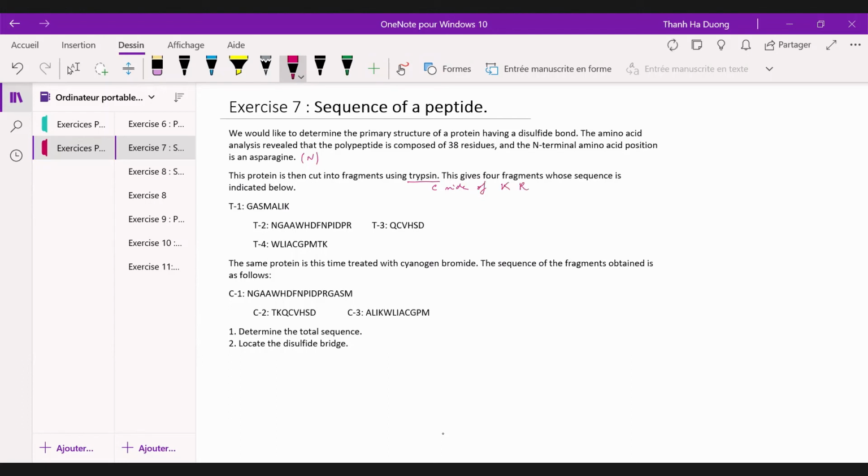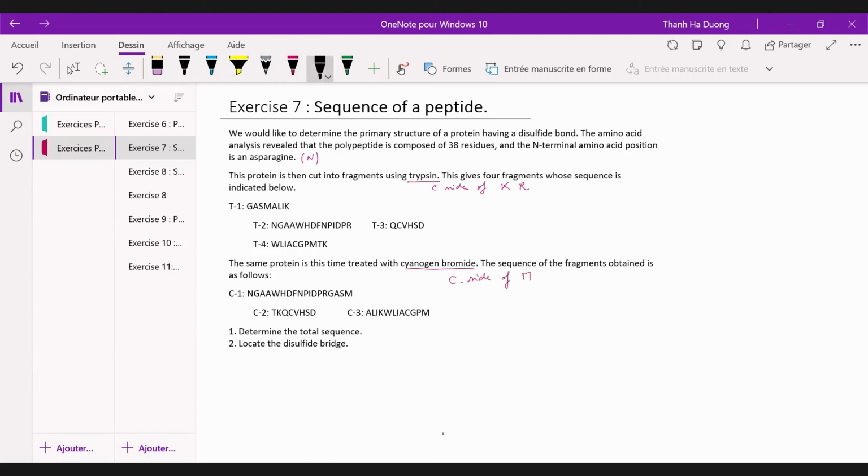Okay, something positively charged. And they make the same experiment with cyanobromide. With cyanobromide, it's a chemical reaction. We cleave the peptide on the C side of methionine.